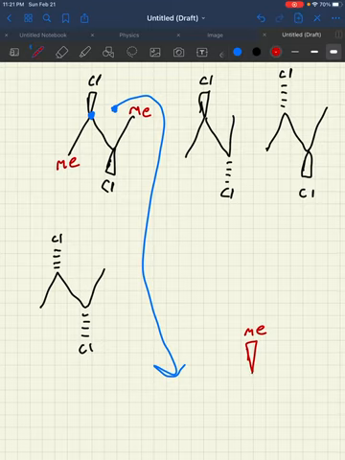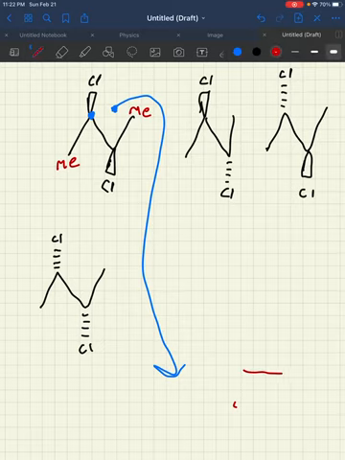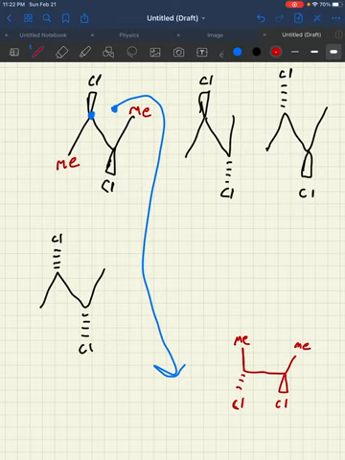We'd have a chlorine group down here, and it would actually be pointing down at us. So, sorry, I'm trying to draw this. It would look like this. Boom, boom, boom. Chlorine, that methyl group up here, and then we'd have our chlorine still sticking out at us up here, and we'd have that methyl group up here. So if we rotate this bond that's highlighted in red now, we get this.